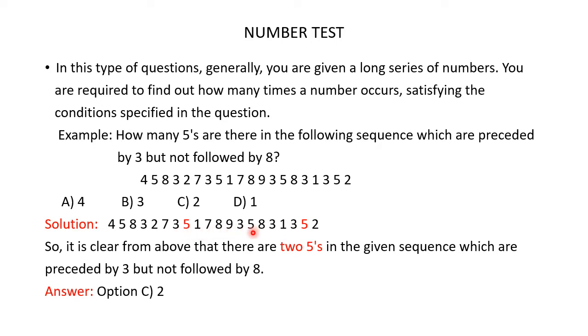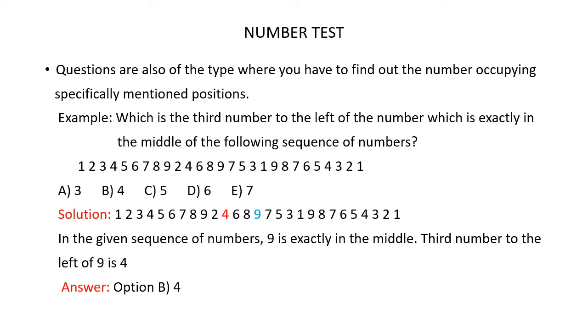Look at this 5. It is preceded by 3 and followed by 8. So this is not valid. This 5 is preceded by 3 and is not followed by 8. So it is clear from observing the above sequence that there are 2 5s in the given sequence which are preceded by 3 but not followed by 8. So the correct answer is option C, 2.